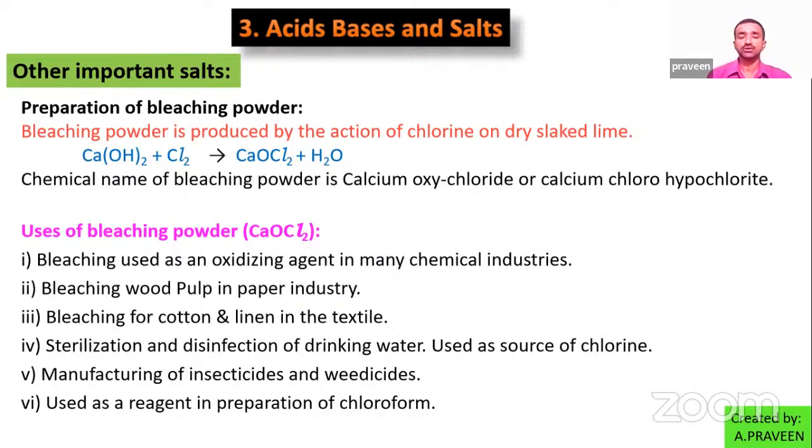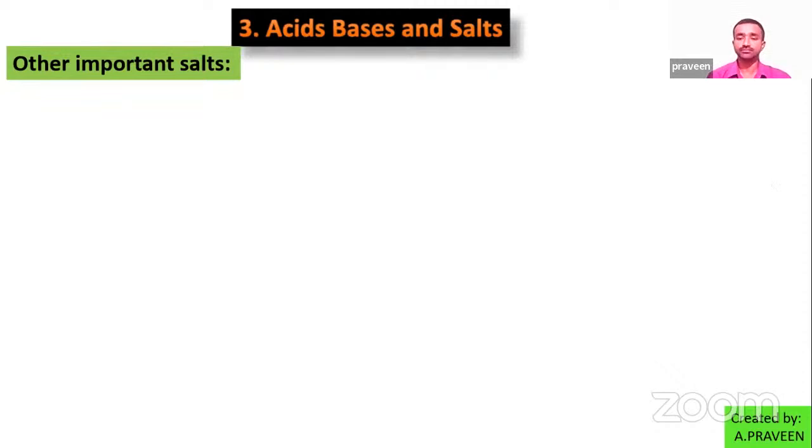So for that purpose we are using bleaching powder as a source in the preparation of chloroform. Then the next salt we are discussing among these important salts is baking soda.